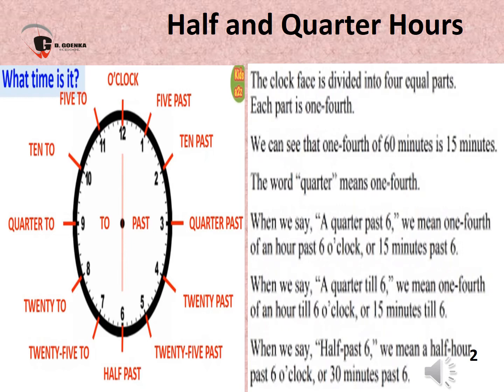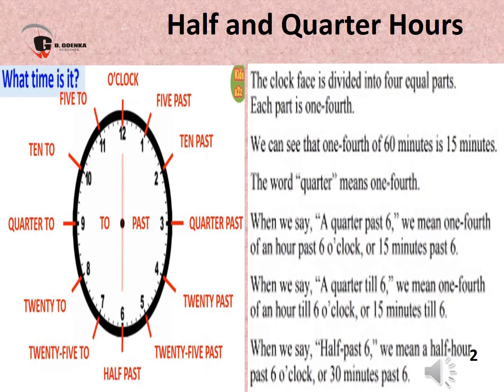So when we say a quarter past 6, we mean 1/4 of an hour past 6 o'clock or 15 minutes past 6. When we say a quarter till or a quarter to 6, we mean 1/4 of an hour till or to 6 o'clock or 15 minutes till 6.